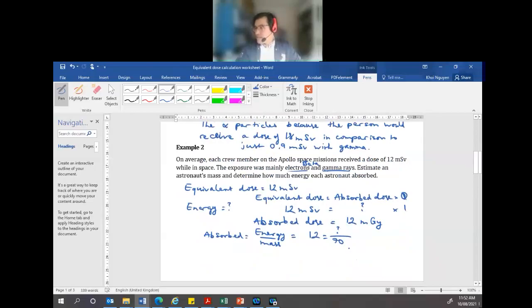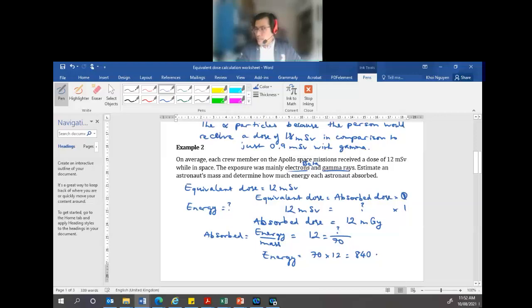So what number divided by 70 gives you 12? Okay, and we can do a bit of algebra to work it out. So that's going to be 70 times 12. I think I've done that correctly.